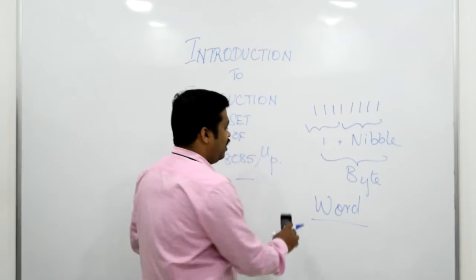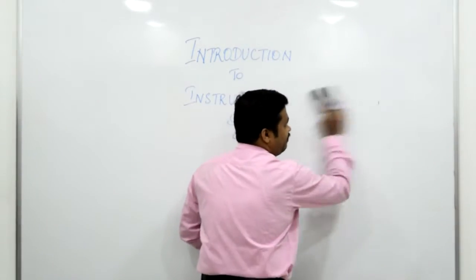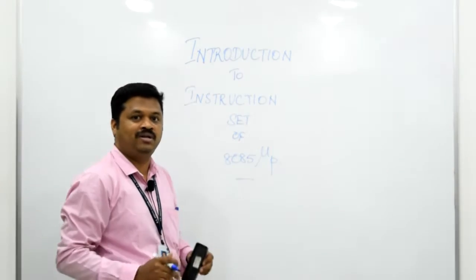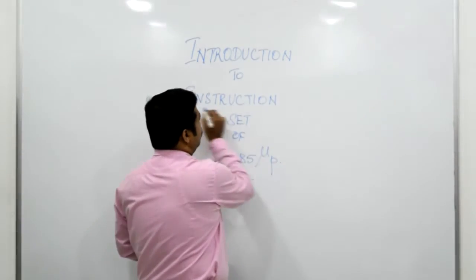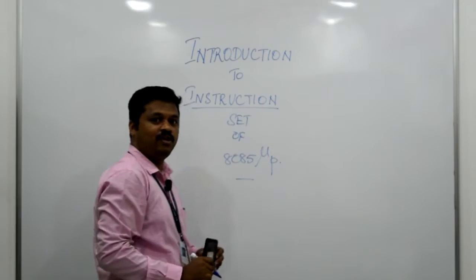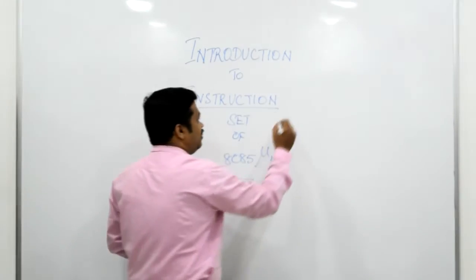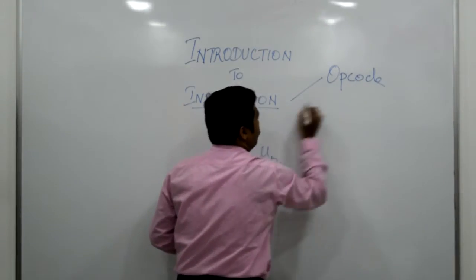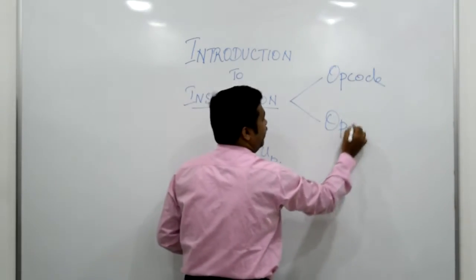Now in 8085, there are 2 parameters in every instruction. So this is your instruction. The first parameter is your opcode. The second parameter is your operand.